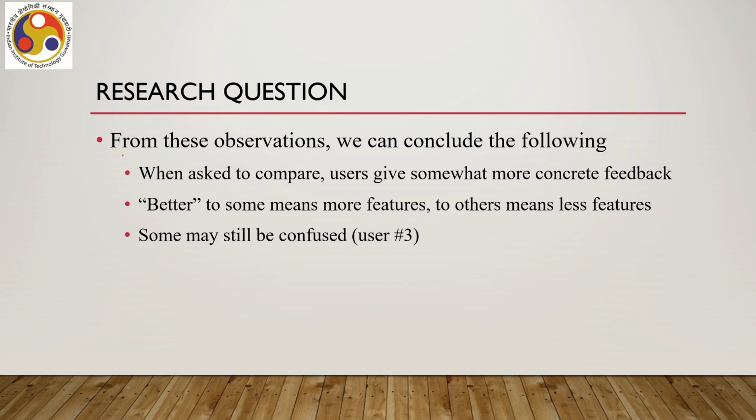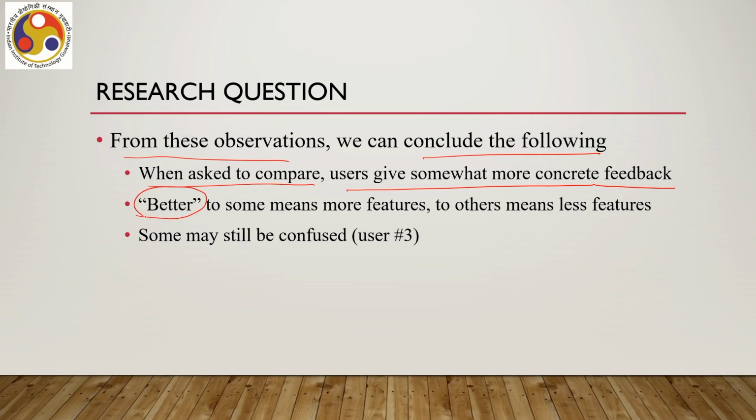However, are these observations any better to take us to a definitive conclusion about the quality of the proposed system? So, from these observations we can conclude the following. When asked to compare, users give somewhat more concrete feedback as compared to feedback based on a standalone system.